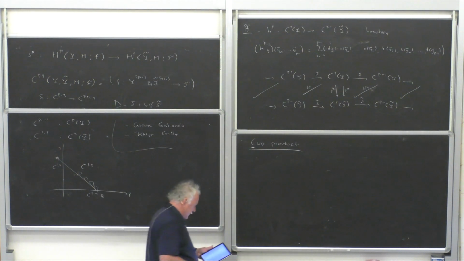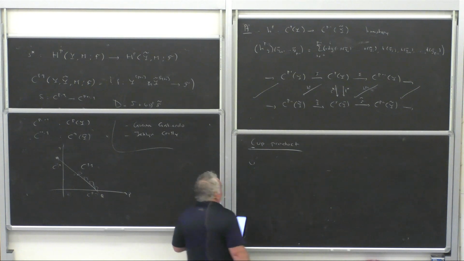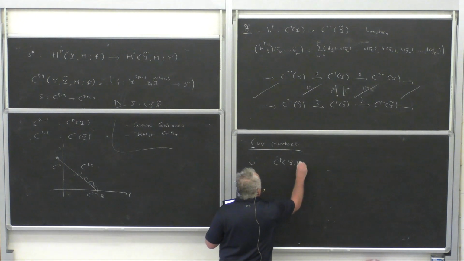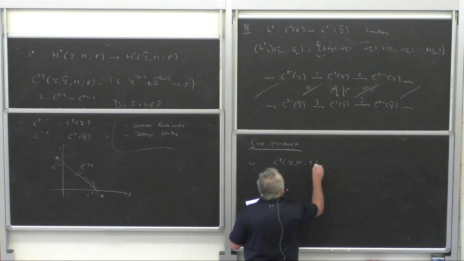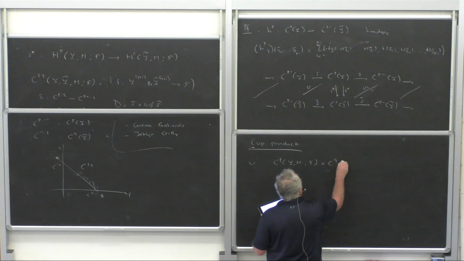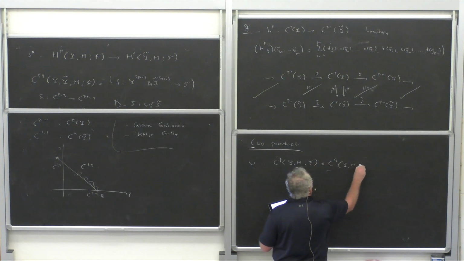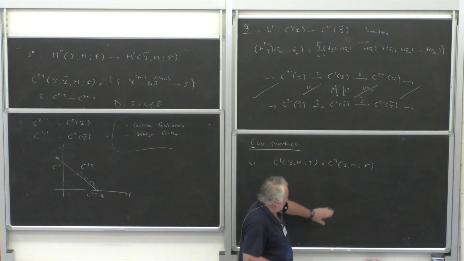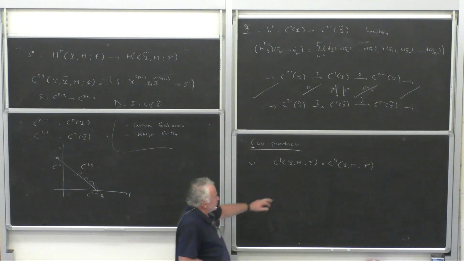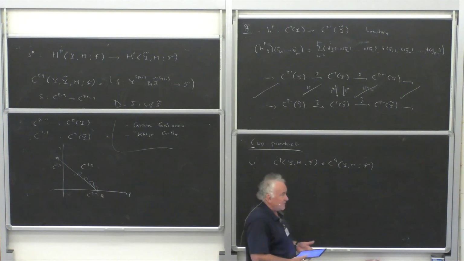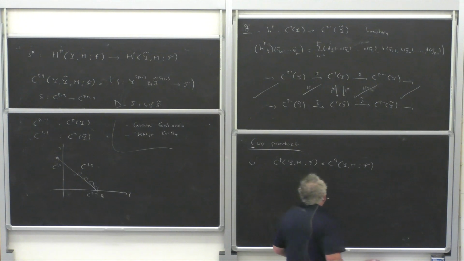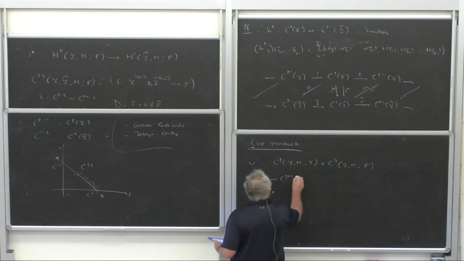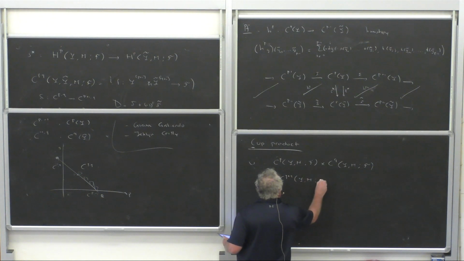A cup product, denoted by a cup, is a way to combine cochains of degree p and q. For this you may need to be able to multiply elements in F, which you can do for integers or real numbers, etc. And this goes to C^{p+q}.